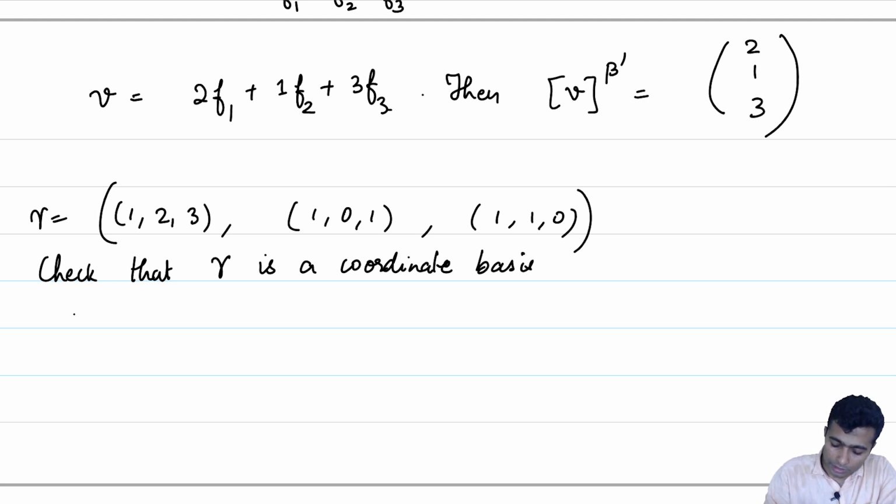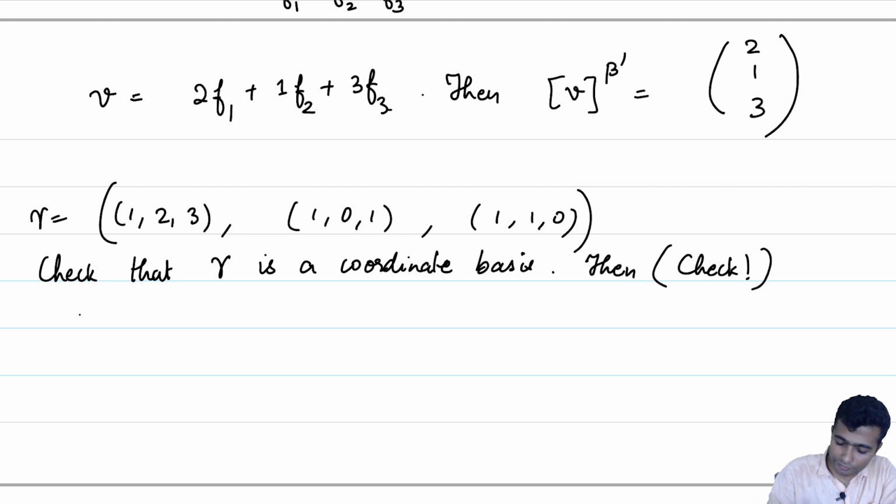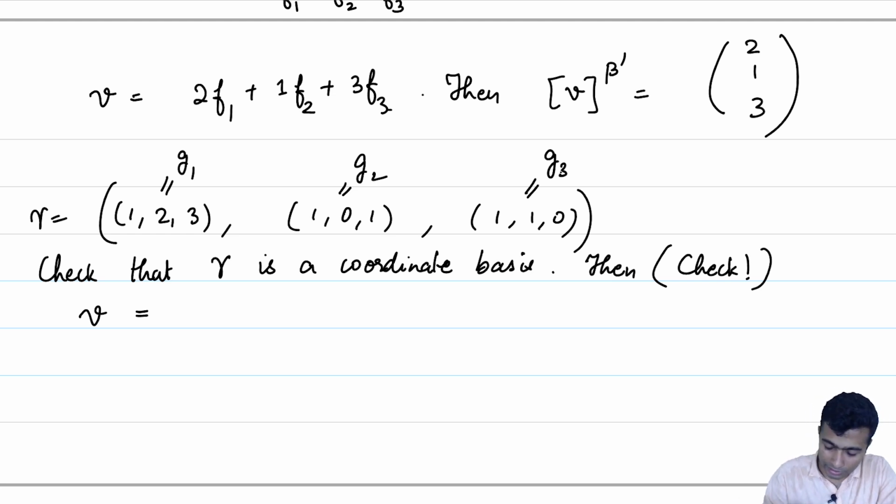So, V can then be written as, then again check that V, which is our 1, 2, 3, is nothing but, so let us call this EF, let's call G1, this is G2, and let us call this G3. I should have just called it V1, V2, V3, it doesn't matter anyway.